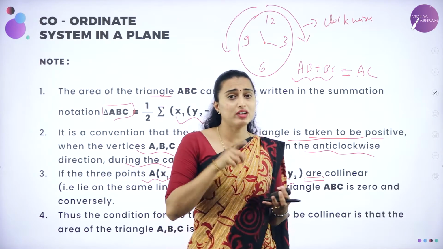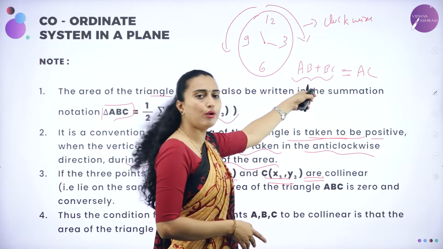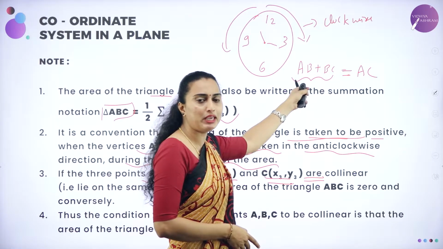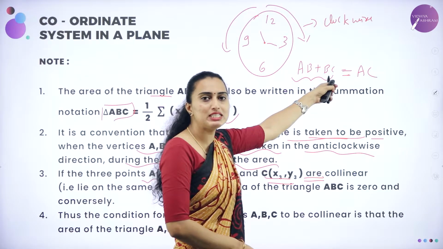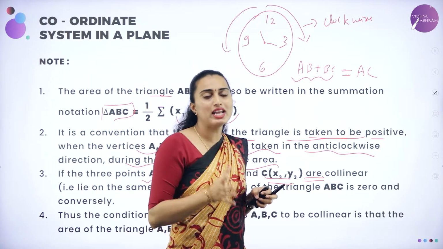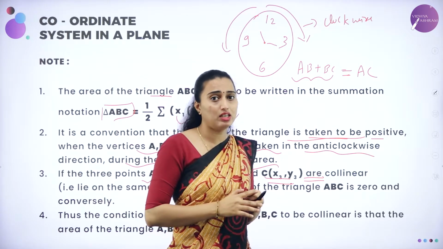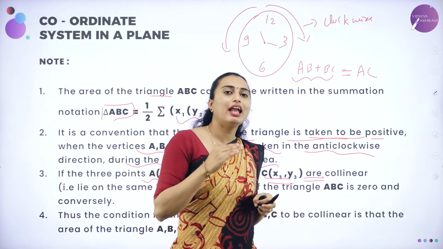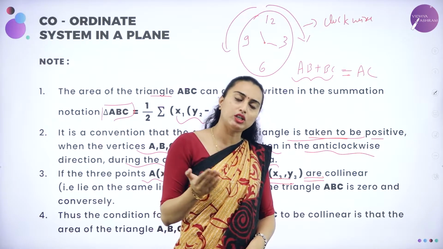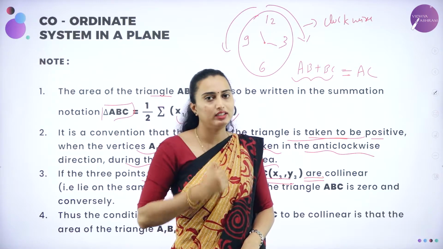That means when points on a straight line are given, how do you prove collinearity? The distance between AB plus the distance between BC is equal to the distance between AC. But when the 3 points of a triangle are given, when the area of the triangle is equal to 0, automatically collinearity will be there. That means the points are said to be collinear. Understood?